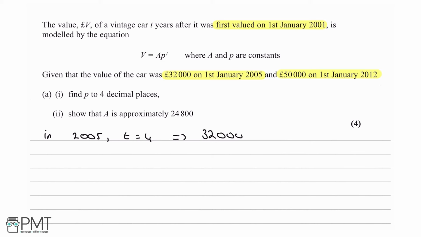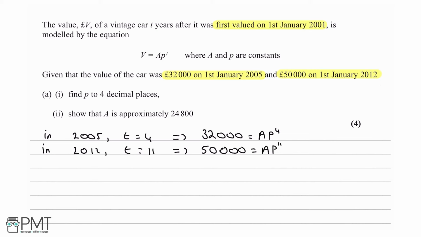32,000 equals AP to the power of 4. And then in 2012, t was 11, because 2012 minus 2001 is 11 years, and this means it was valued at 50,000 equals AP to the power of 11.